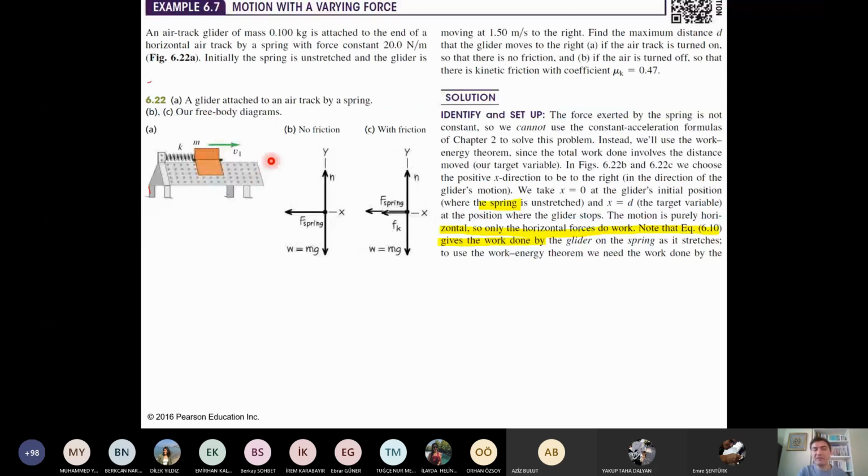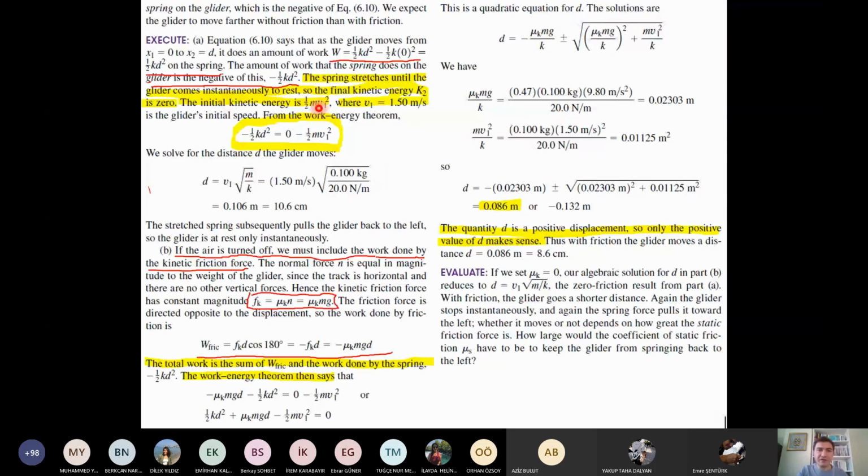Then the final kinetic energy of the glider at distance d will be 0. So the initial kinetic energy is 1/2 m v squared, and the final kinetic energy K2 is 0. So just write the work energy theorem. This is the work done by the spring, minus 1/2 k d squared, which is equal to the final kinetic energy.